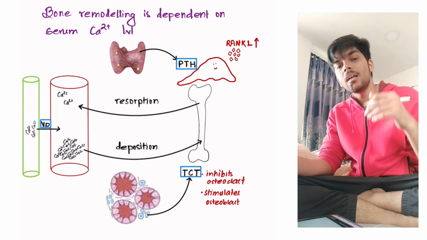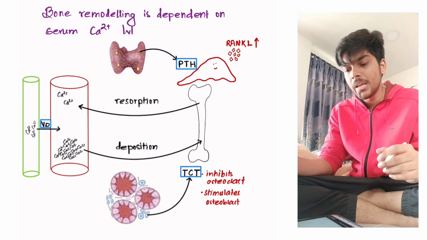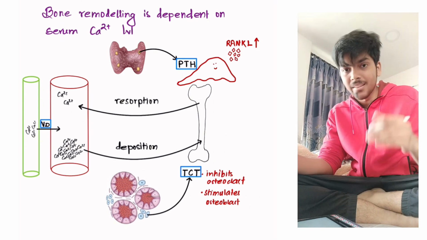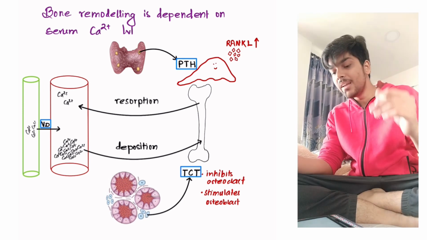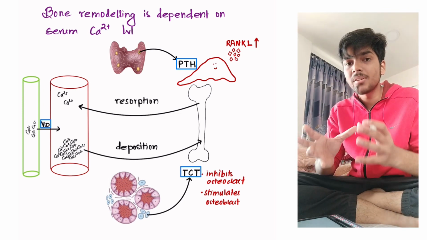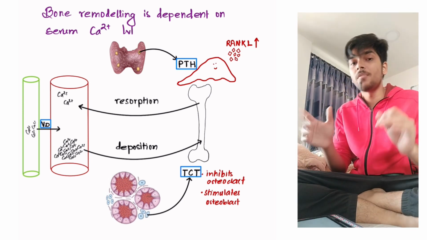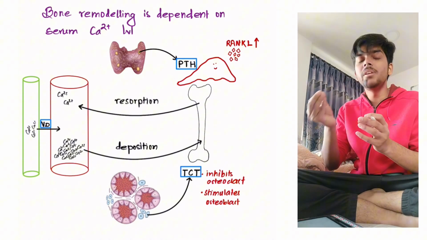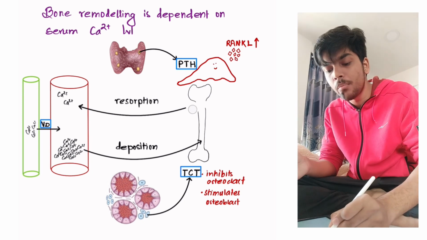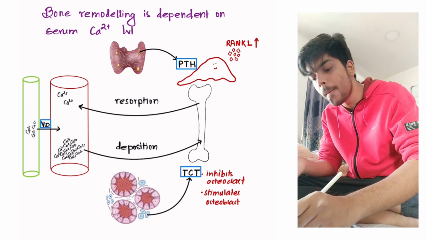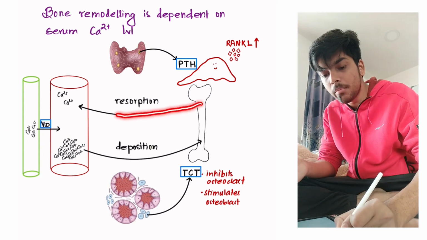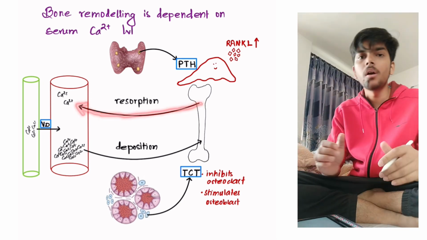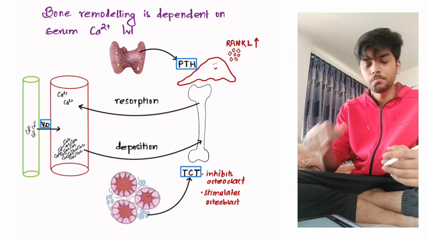Increase in release of RANKL increases osteoclastic activity, which in turn increases resorption, which in turn increases conversion of hydroxyapatite in the bone into calcium and phosphate. As a result, the calcium ions obtained from the resorption of the bone get added into the blood. And the blood calcium level rises to normal.